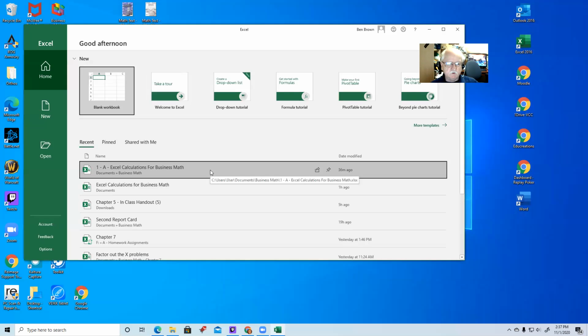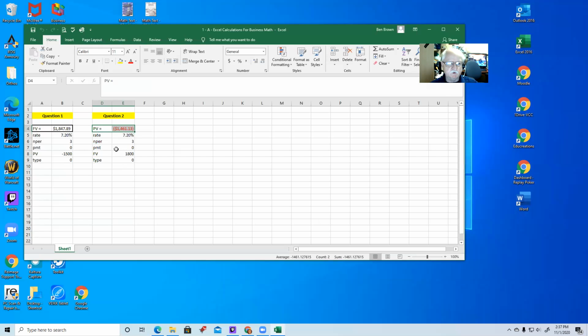Hopefully you saw the first 2 calculations we did, and we've saved them, so we don't have to reinvent the wheel. In this case, we pretty well do have to reinvent the wheel, because we might be able to save and use some of this, but not much.